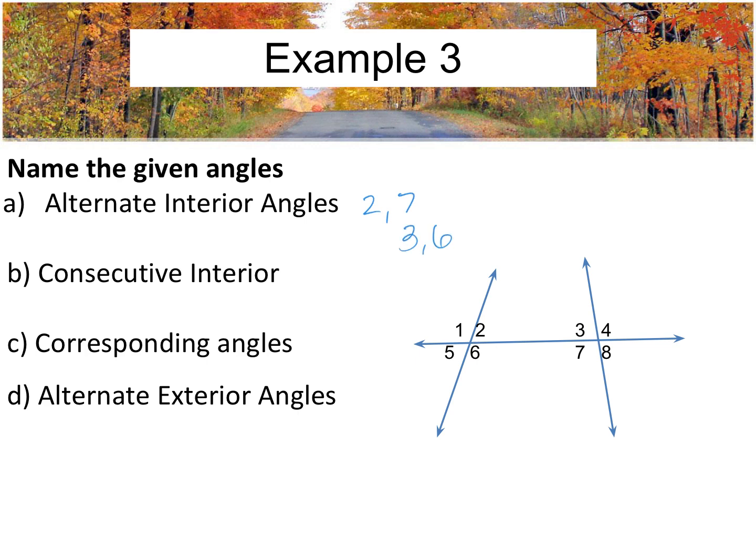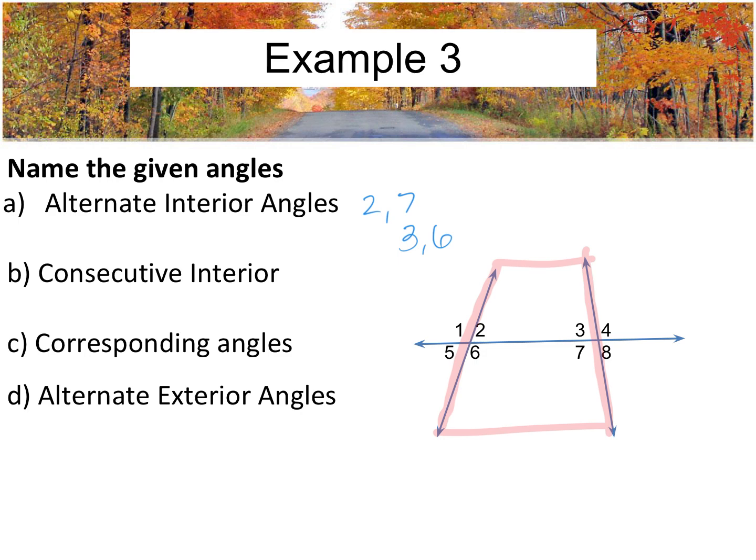If you're ever confused, guys, draw your box. The 2 lines that are not the transversal and connect them. You only have to pick from 2, 6, 3, and 7. It must be 2 and 7 because they're not next to each other and they go over the transversal. And it must be 6 and 3 because they're not next to each other and they go over the transversal.